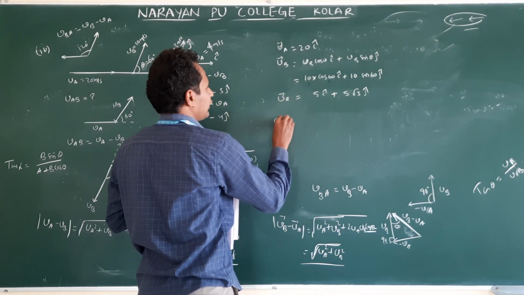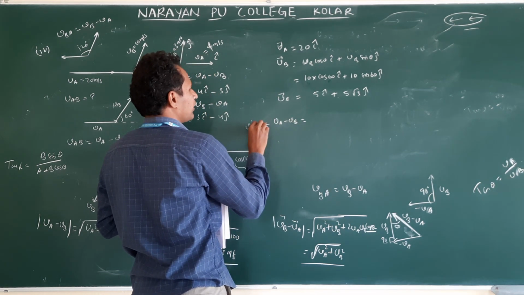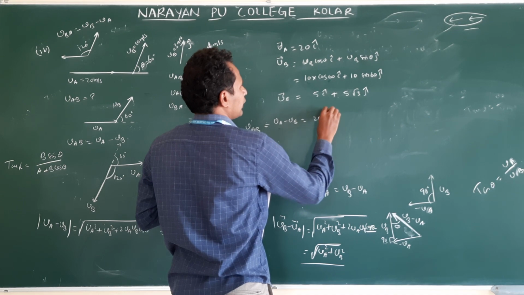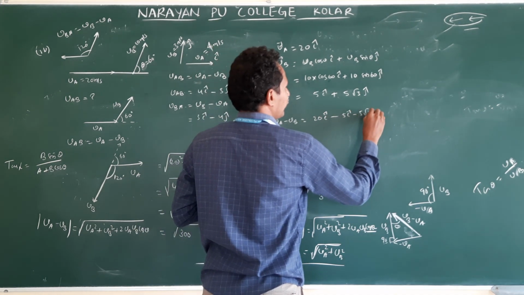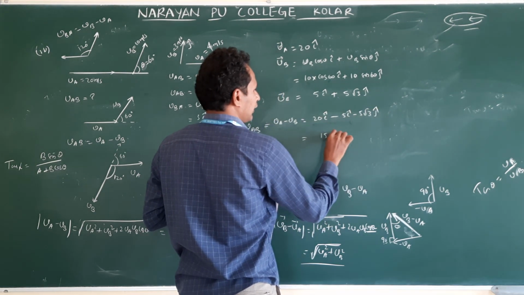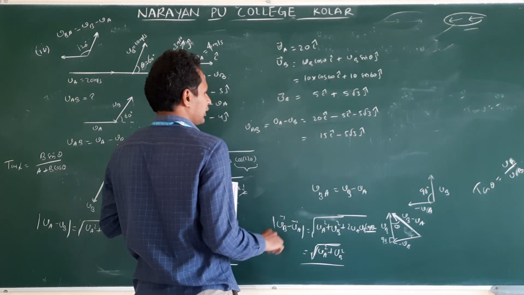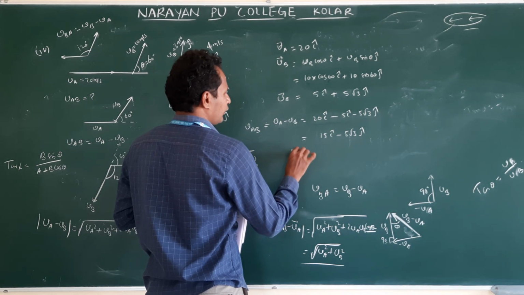What did they ask? VA minus VB. Actually they asked the question VAB, then VA minus VB done. 20 i cap minus 5 i cap minus 5 root 3 j cap. 20 minus 5, 15 i cap minus 5 root 3 j cap. Clear? Then magnitude, how do we get?